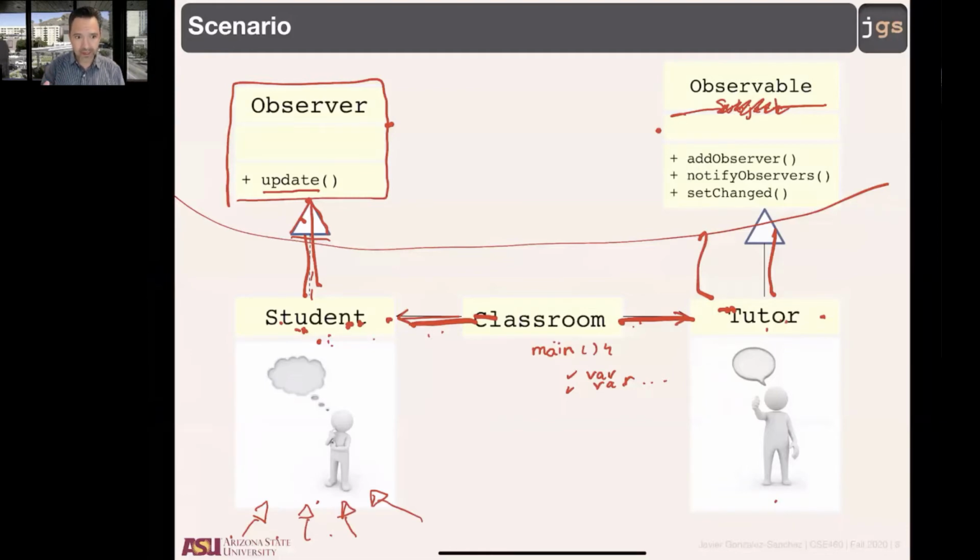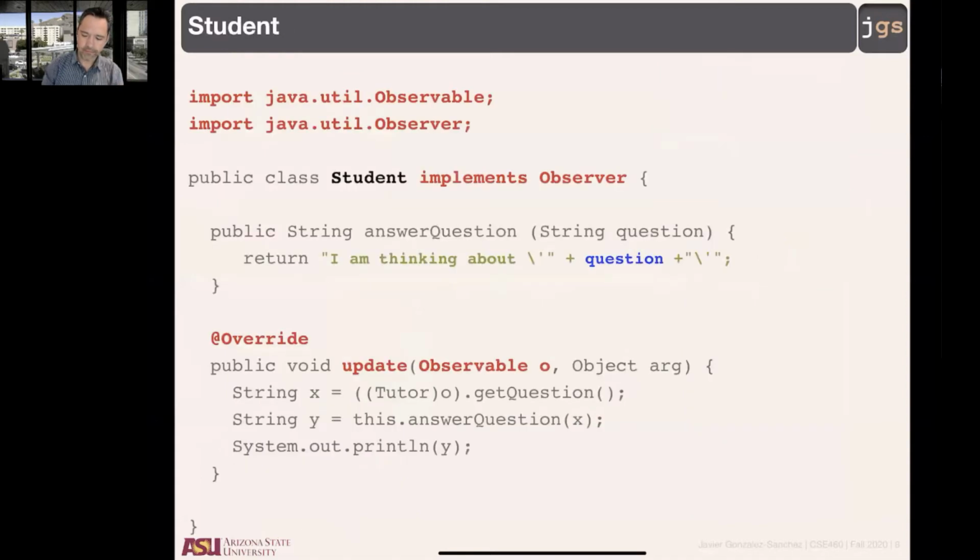Now, the class diagram was kind of easy. Now the source code. Because the goal is that from the class diagram, I give you this and you give me the source code, the program running, working. Let's see the source code: three classes, Observer and Observable. Number one, Student.